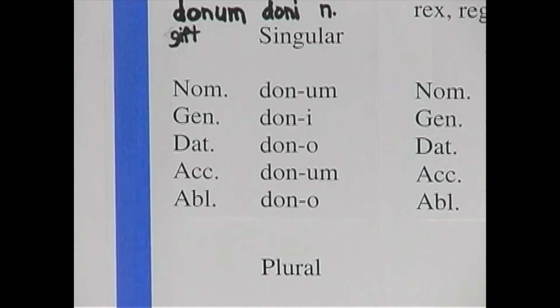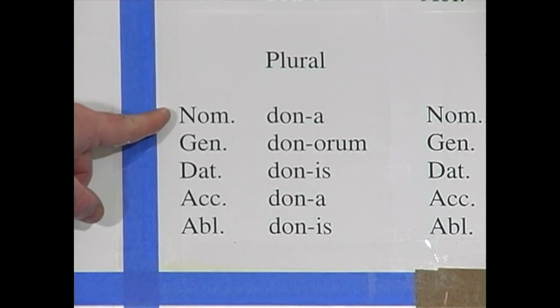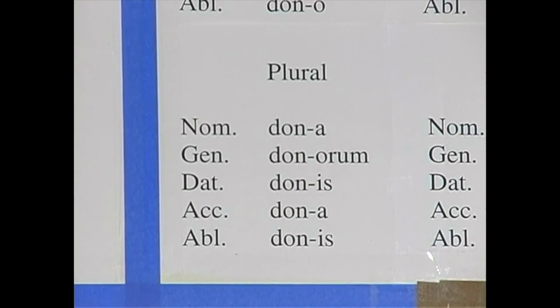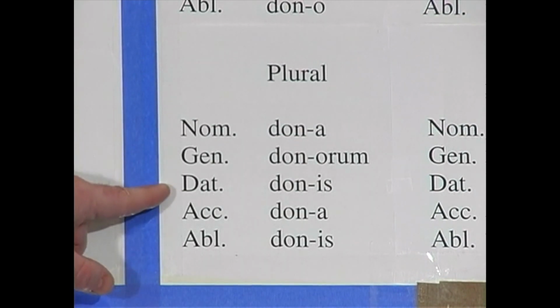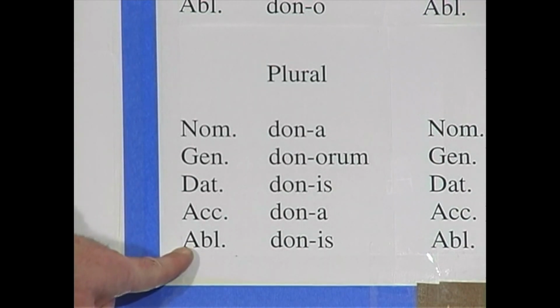And then the plural, the gifts, of the gifts, to or for the gifts, as direct object, the gifts, and by, with, or from the gifts.